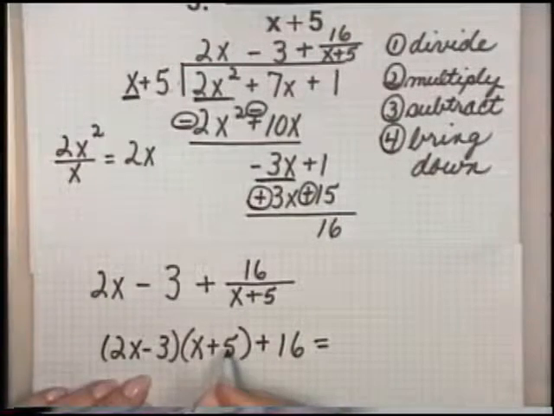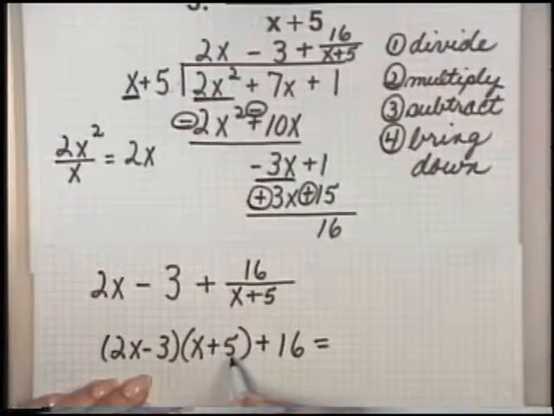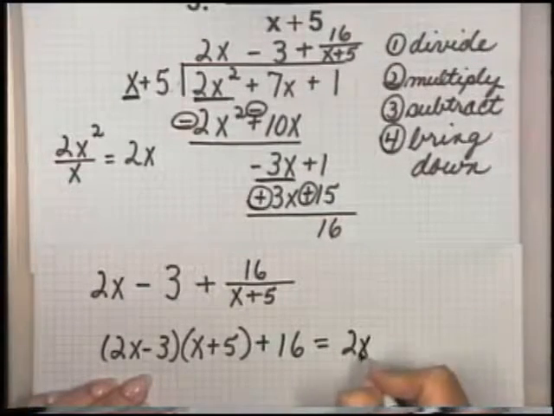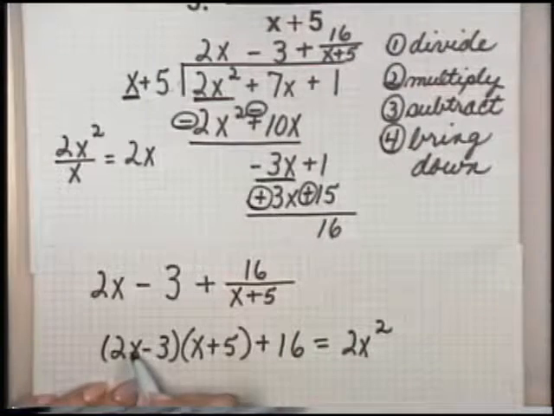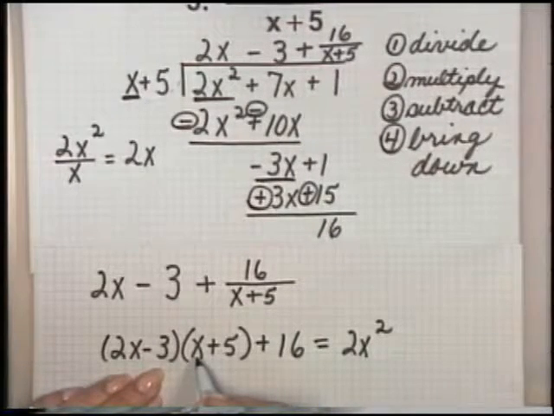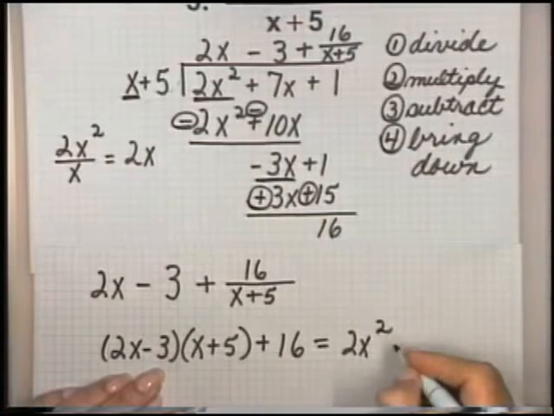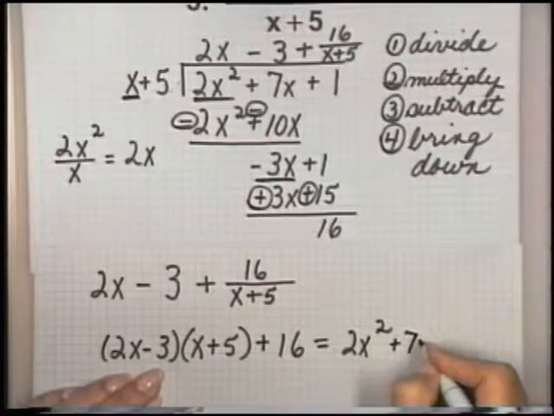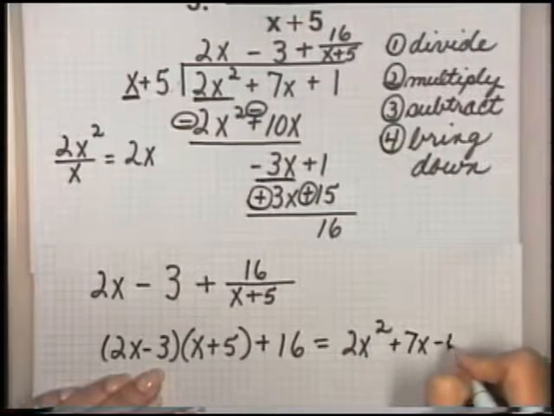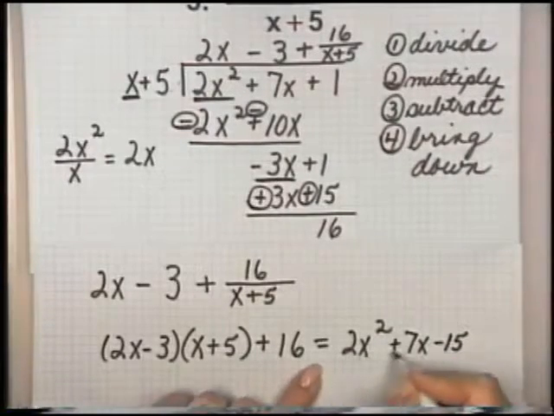We know that we want to FOIL out the 2x minus 3 and the x plus 5. 2x times x is 2x squared. Outer product gives us 10x. Inner product gives us negative 3x. 10x subtract 3x gives us a positive 7x. And last, negative 3 times 5 gives us negative 15.